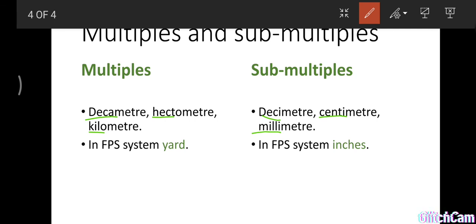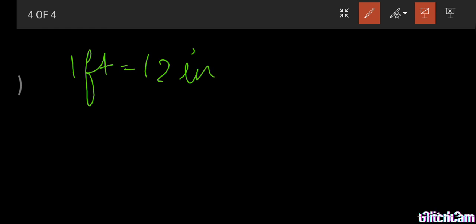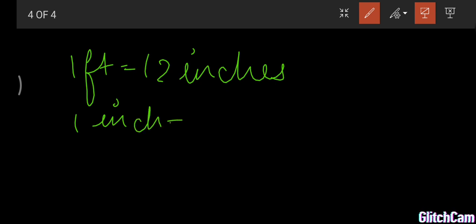Like that, in the FPS system we use the foot. The multiple of the foot is the yard and the submultiple of the foot is the inch. So for this you want to know the important terms: 1 foot is equal to 12 inches and 1 inch is equal to 2.54 centimetres.